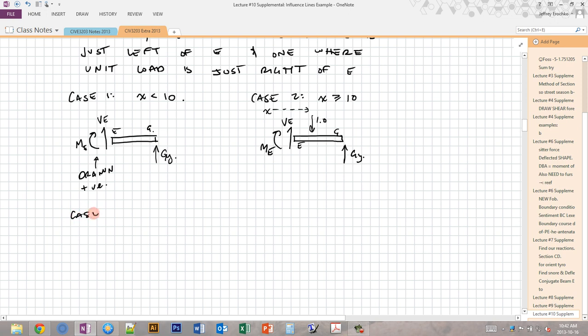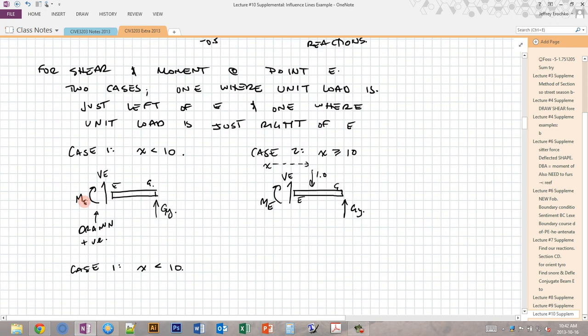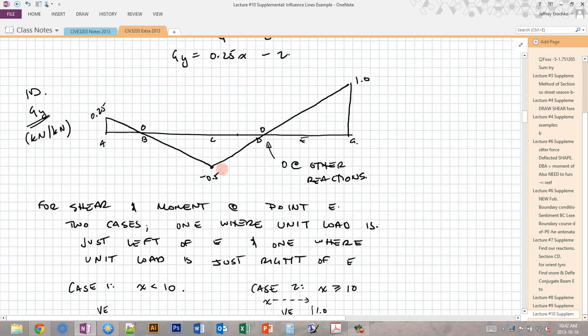So case 1, x is less than 10. Within x less than 10, we have to remember that we have two different situations for GY. We're going to solve for VE and ME, but GY changes depending on the value of x.